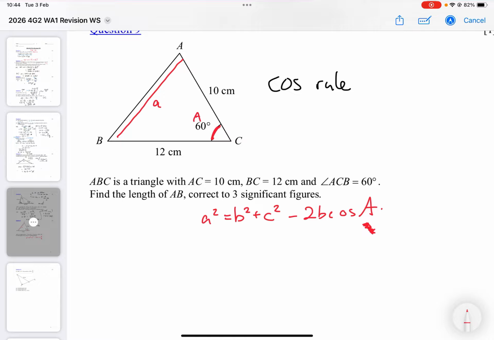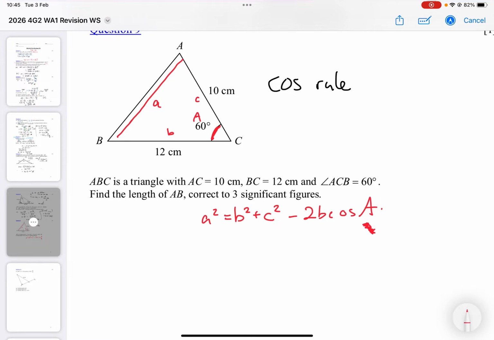B and C are just the sides sandwiching the angle, meaning my 12 and 10 are the B and the C. The naming always goes like that. The angle that you are using is the big A, and the opposite side of the big A is the small a within that formula. That is how you fill in all these things.